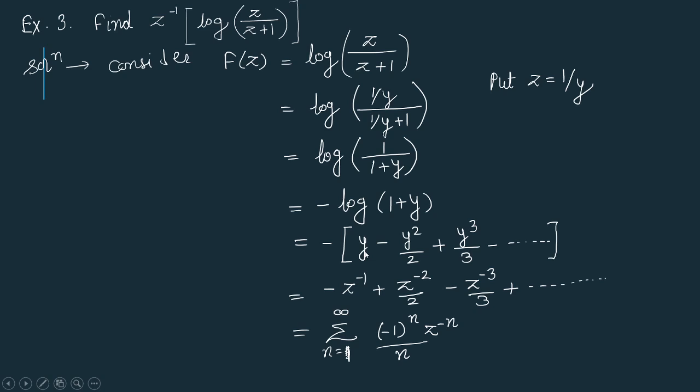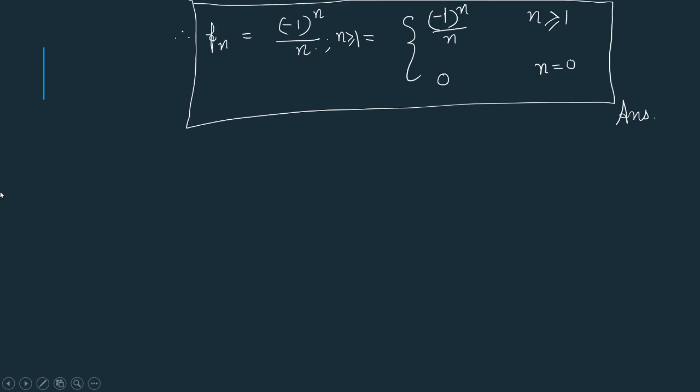Now expand by using binomial here, y minus y square by 2 plus y cube by 3 and so on. Substitute the value of y, that means in terms of z. And this is the summation n equal to 1 to infinity, here alternate plus minus sign, therefore minus 1 to the power n, then z to the power minus n upon n value, and f of n equal to minus 1 to the power n upon n, and this value when n is greater or equal to 1.